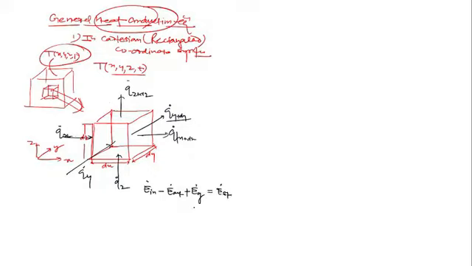This generation is just because of the heat source. This is the energy balance. Any problem? If a sink is there, then it will be minus, but here I am going to write a generation term, which means there must be an energy source. So one by one I am going to discuss. Any problem till here?